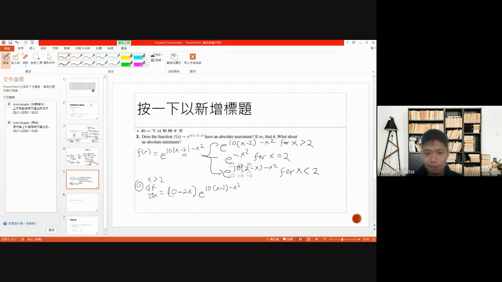Now this one, if we want to find df/dx equals 0, it's easy, right? We just make this one equal 0. So we have x... Sorry.